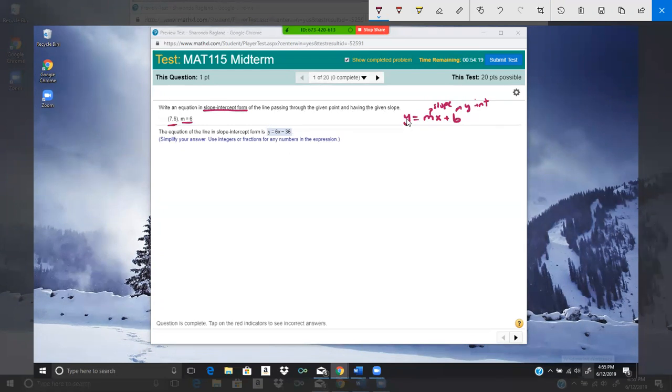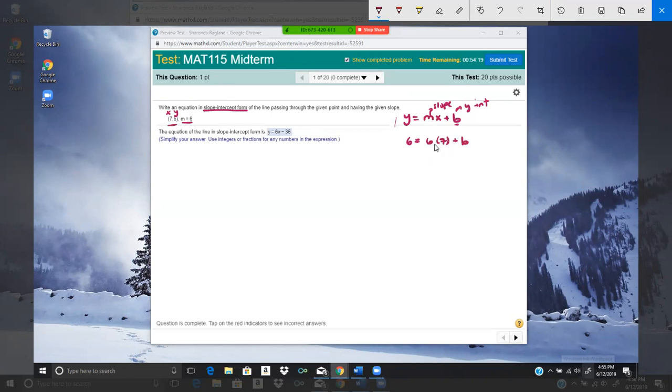So let's fill in what we have. We have an x, and we have a y, and we have m. So if we have x, y, and m, we can use the slope-intercept form to find b. So let's substitute. We have 6 is equal to 6 times 7 plus b. This mx means times. So we have an equation to solve.